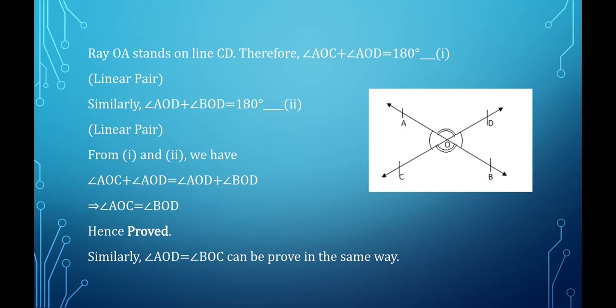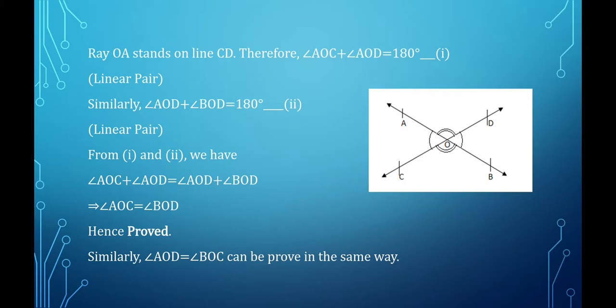We are getting here two equations. Let us combine them. Let us equate them, as their RHS are equal, we can equate their LHS. So AOC plus AOD is equal to AOD plus BOD. AOD is a common part on both sides of the equation, so it can be subtracted from both sides, and whatever is left, that is AOC, equals BOD.